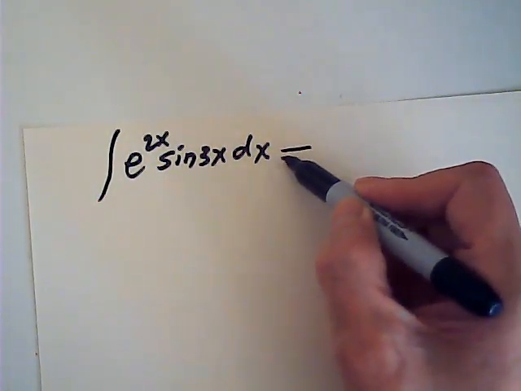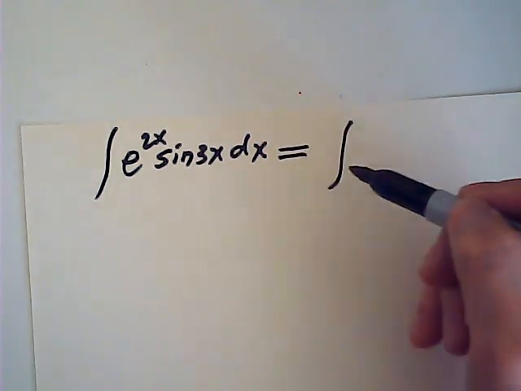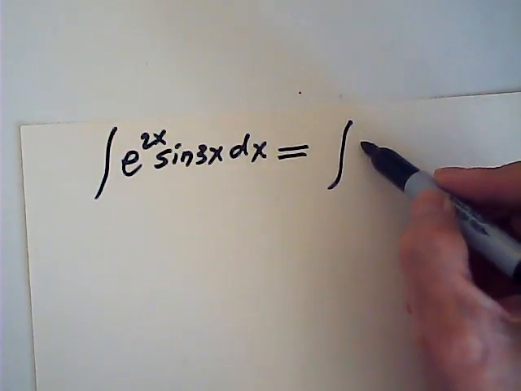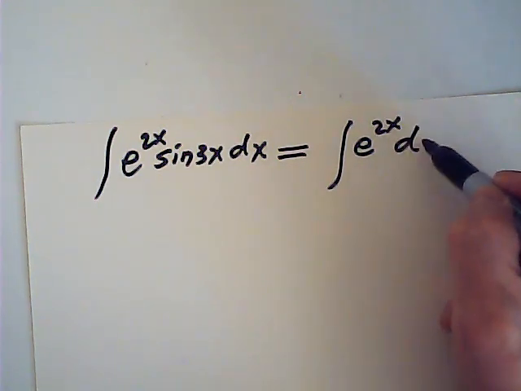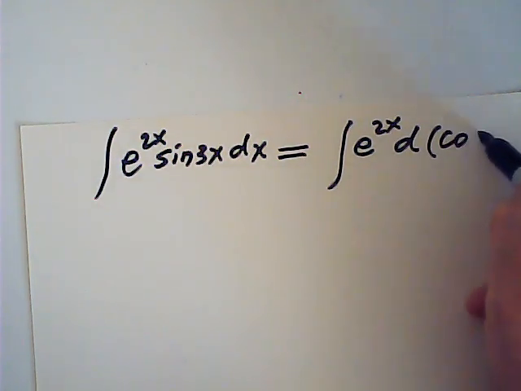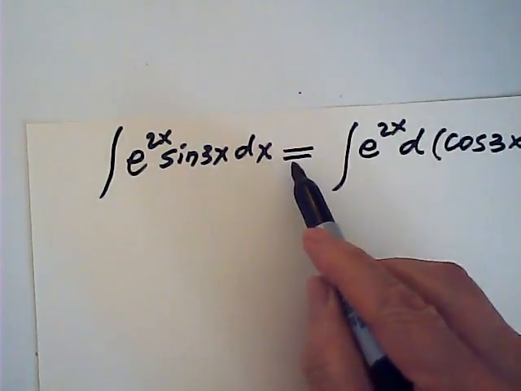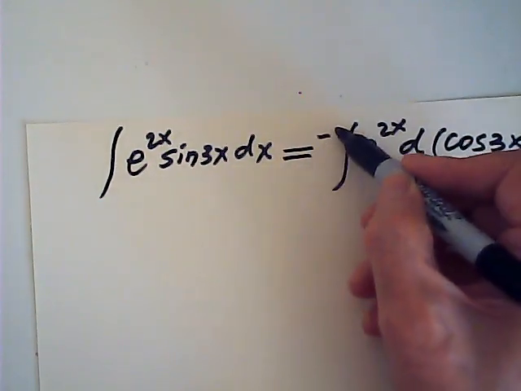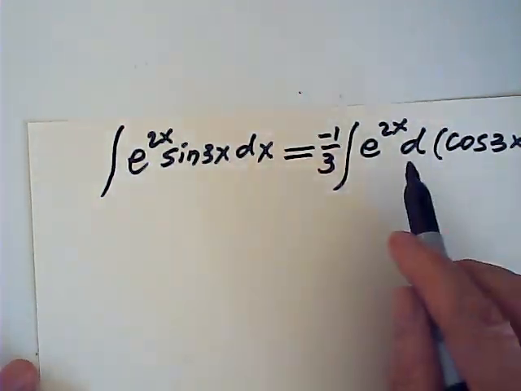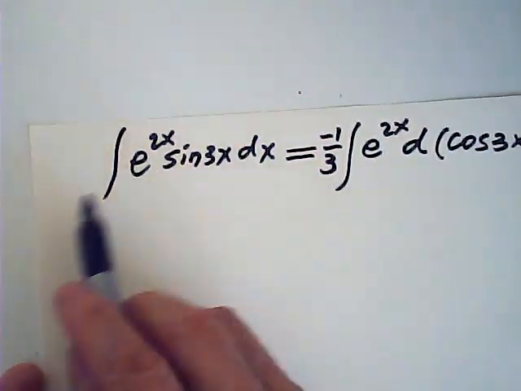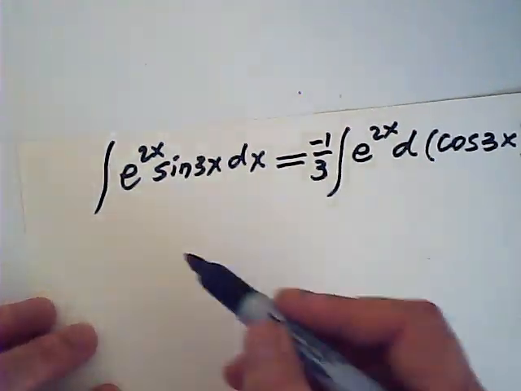So this one is equal to the integral of e to the 2x d cosine 3x. Okay, to maintain the equal sign, I must multiply by negative 1/3. So that will equal the original integral.